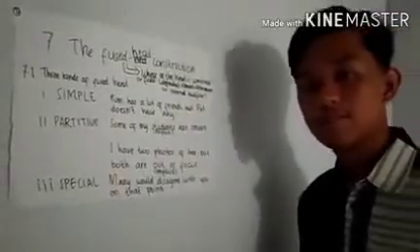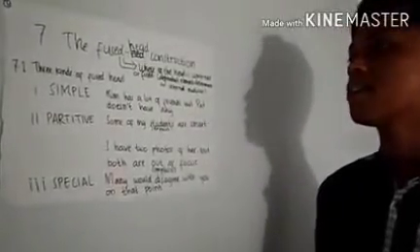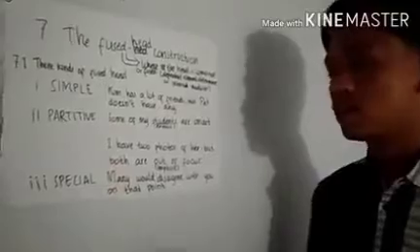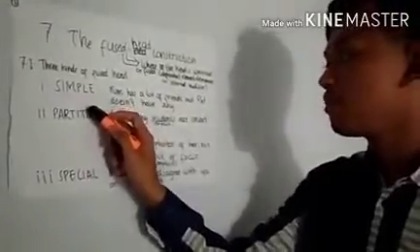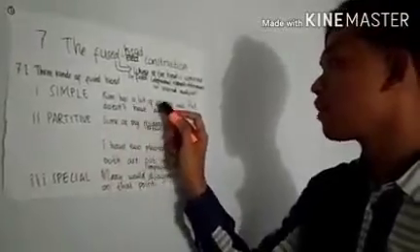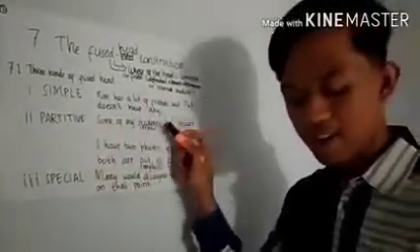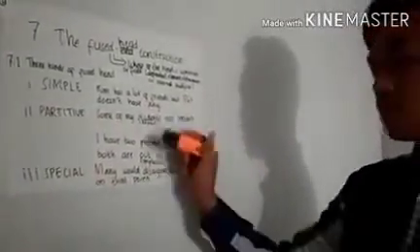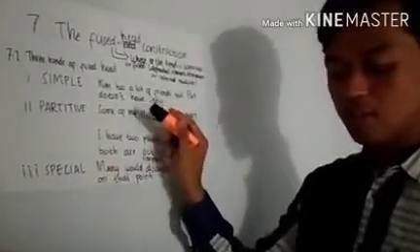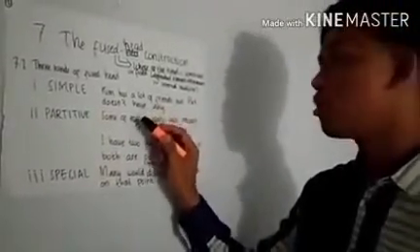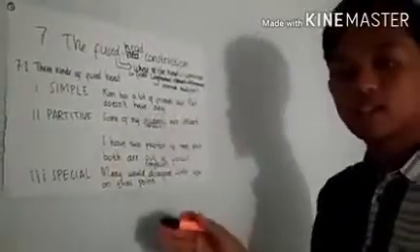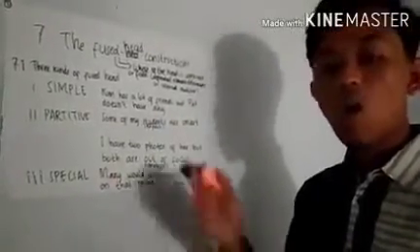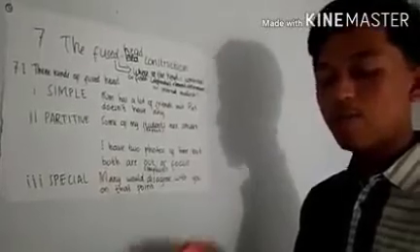And there are 3 kinds of fused head. The first one is simple. Example: Kim has a lot of friends, but Pat doesn't have any. Here, it is possible to expand the fused head noun phrase into an ordinary noun phrase with a separate head retrieved from the context.